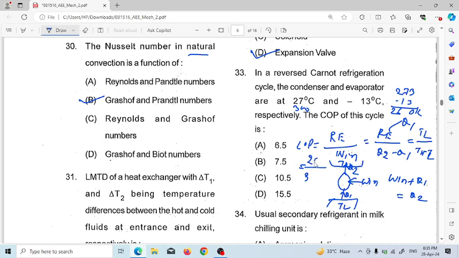So the lower temperature is equal to 260 Kelvin, and this is 300 minus 260, which is equal to 260 divided by 40, is equal to 26 divided by 4, which is equal to 6.5. So the answer will be option A, 6.5.